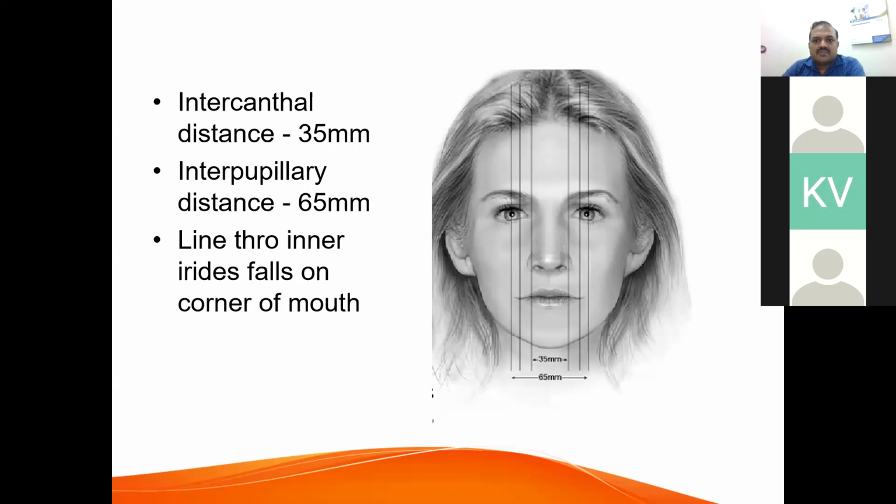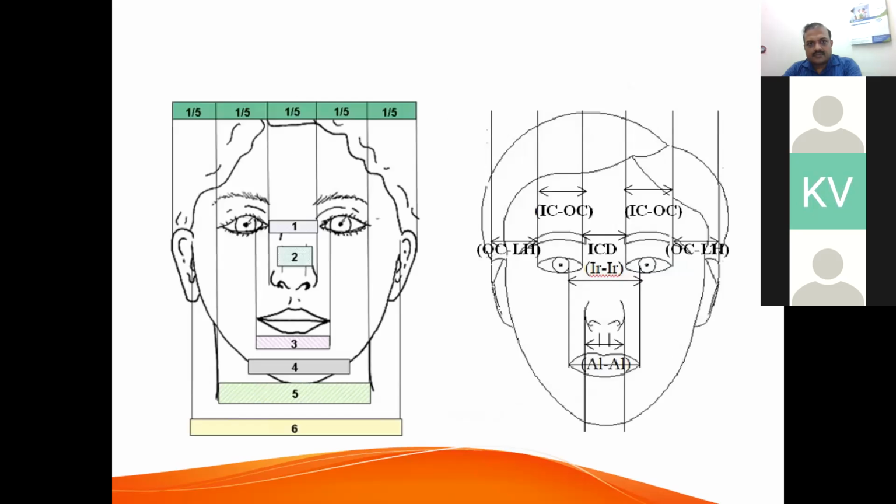So the intercommissural width is equivalent to the distance between the irises. So the 5 equal parts: outer canthus to the lateral helix, inner canthus to the outer canthus, in between the irises, and the proportionate values for the alar base and the commissures.